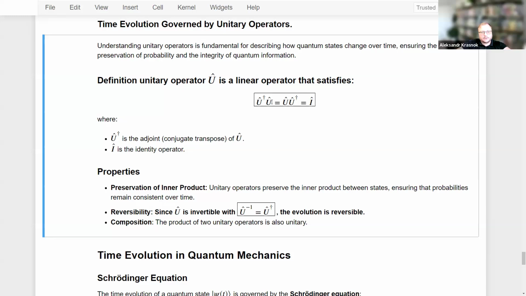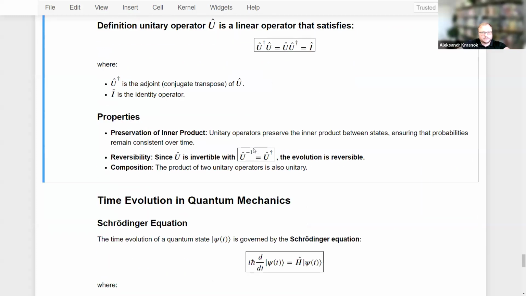Equivalently, if you multiply this equation from the right by the inverse operator U minus 1, you will get this result. So the dagger applied to a unitary operator is equivalent to the reversed, inverse operator.